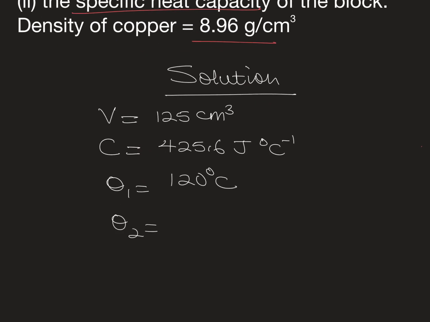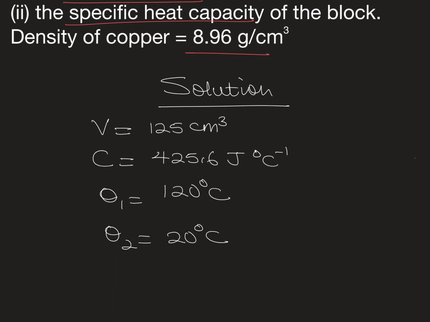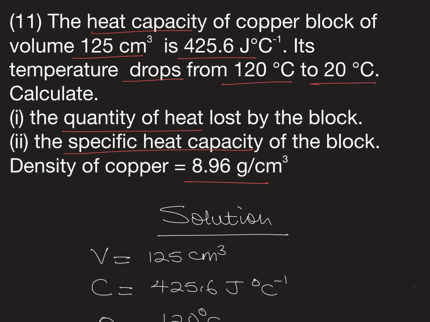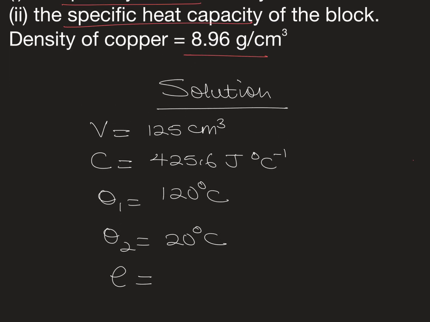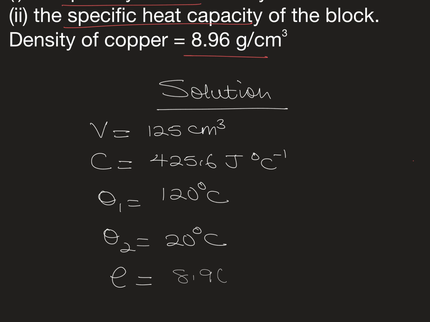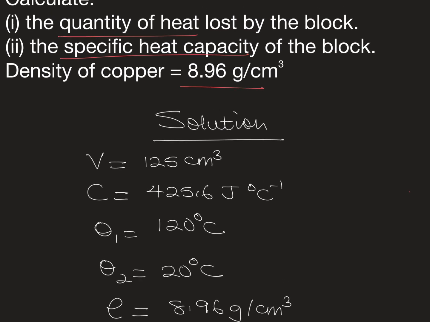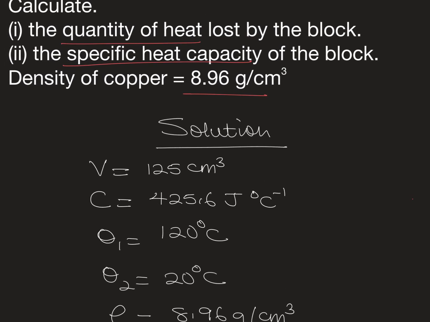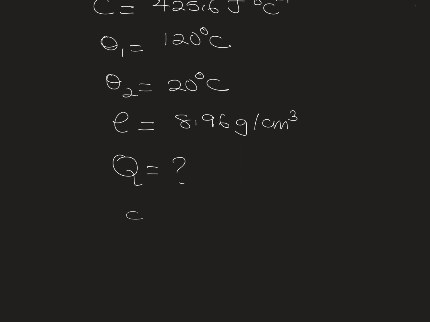The final temperature is 20 degrees Celsius. We are given that the density of copper is 8.96 grams per cm cube. So the first question asks us to find the quantity of heat lost by the block, that is Q. And the second question wants us to find the specific heat capacity.